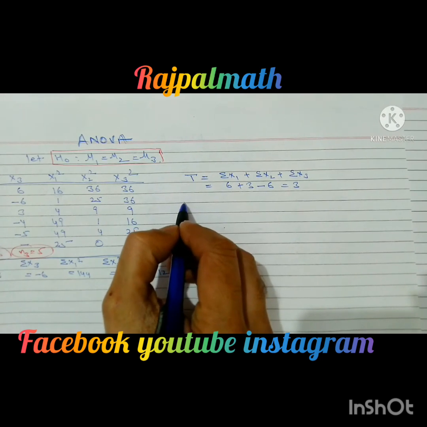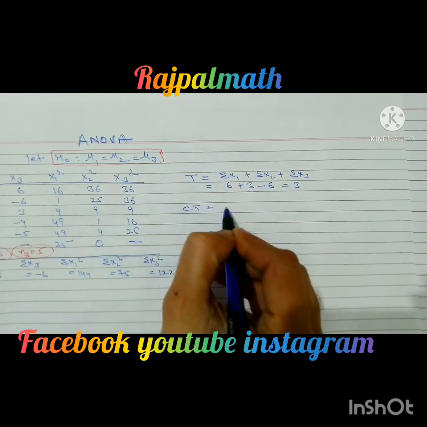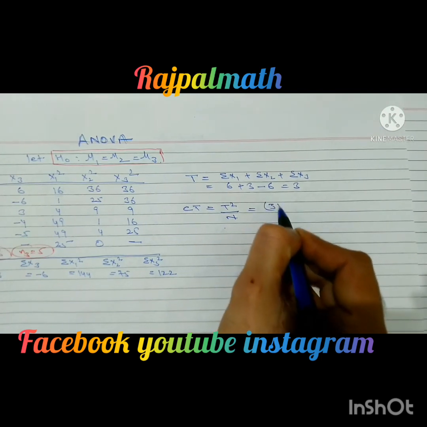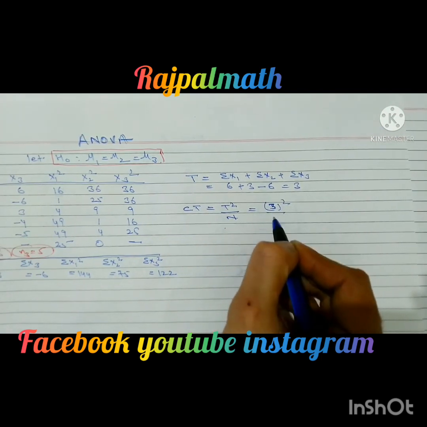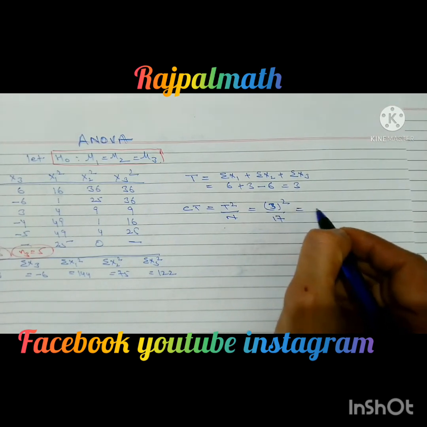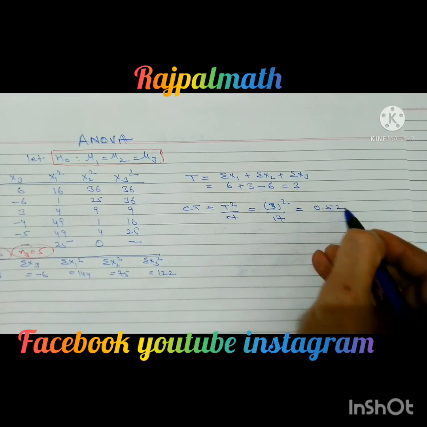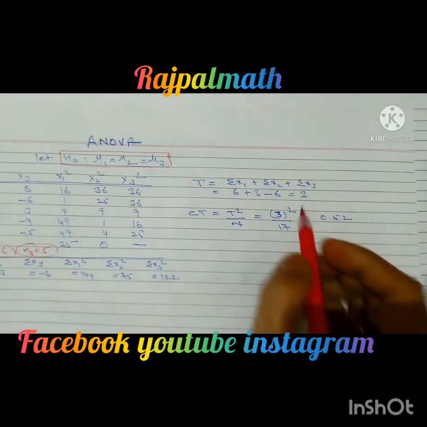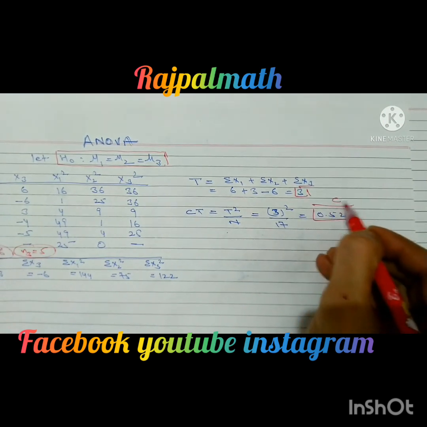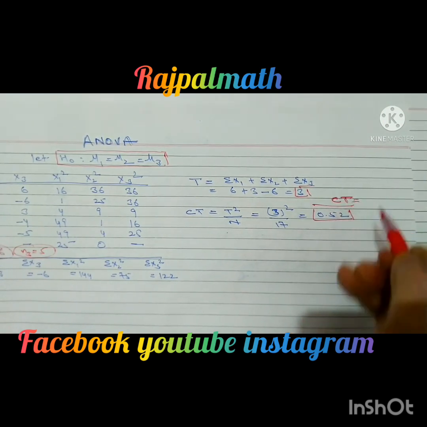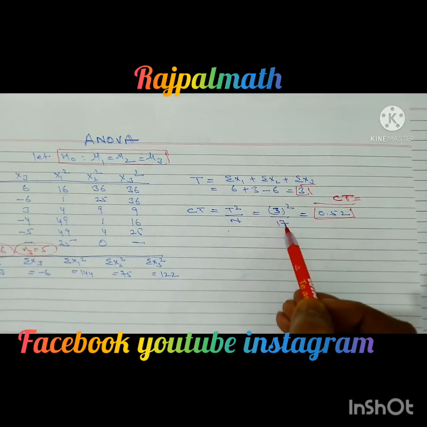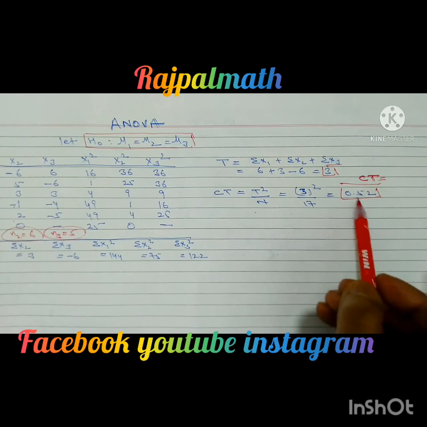Then correction factor CT is T square by N. T is 3, 3 square is 9, and N is the total number of observations in 3 groups, 17. 9 divided by 17 is approximately 0.52, so CT is 0.52.